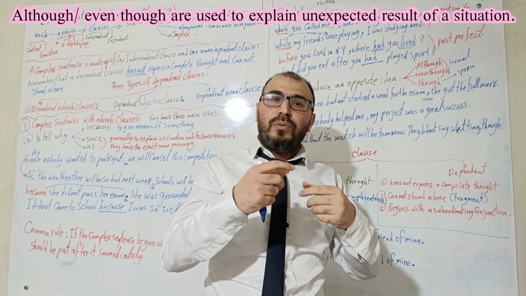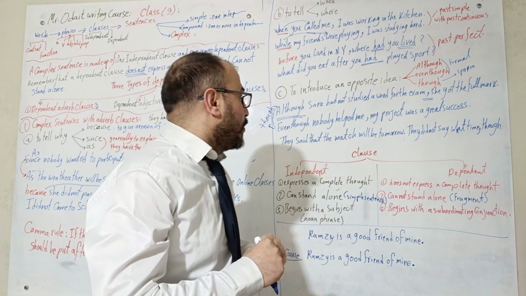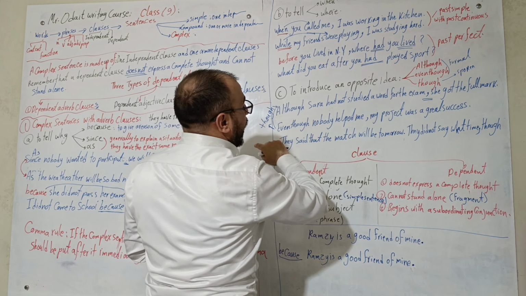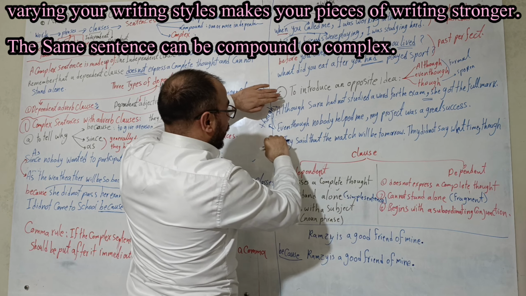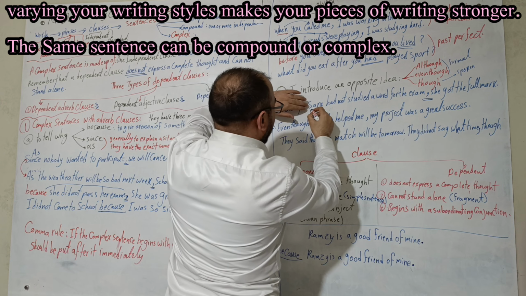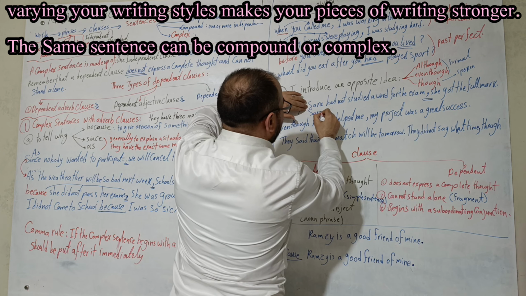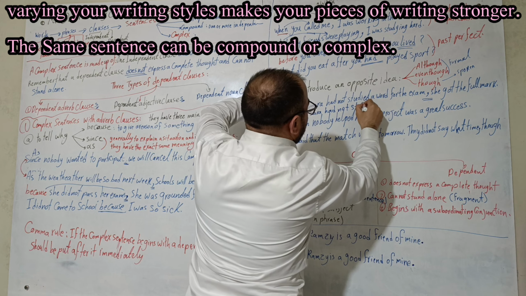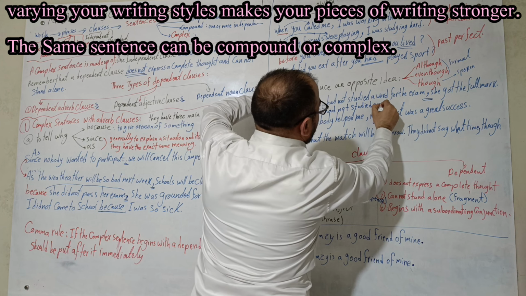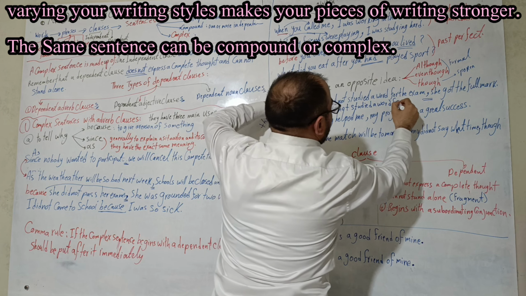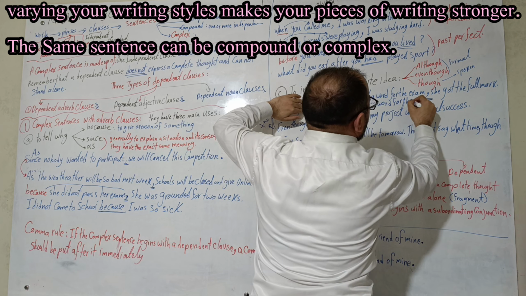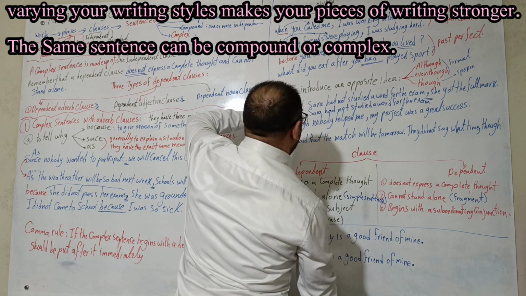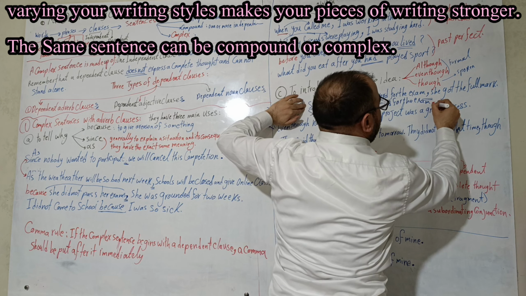Again, my friends, I would like to mention a very important point here. If I rewrite this sentence, I delete although, and I say only Sarah had not studied a word for the exam. I here will not use although, I will use yet.